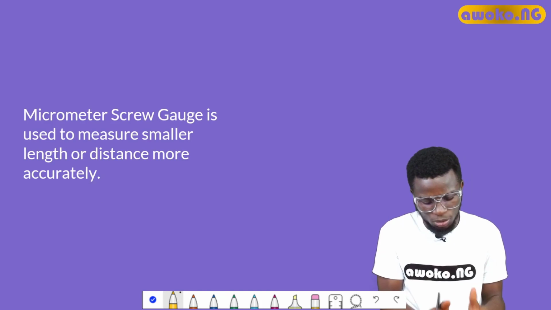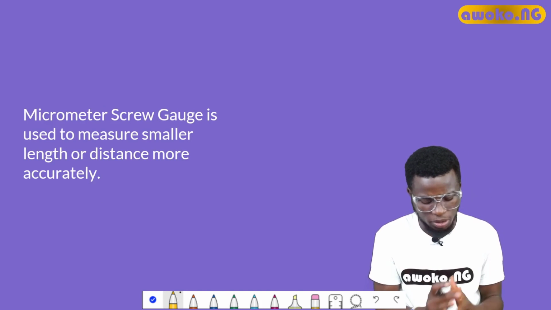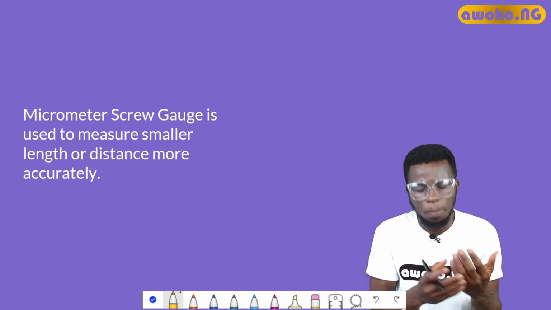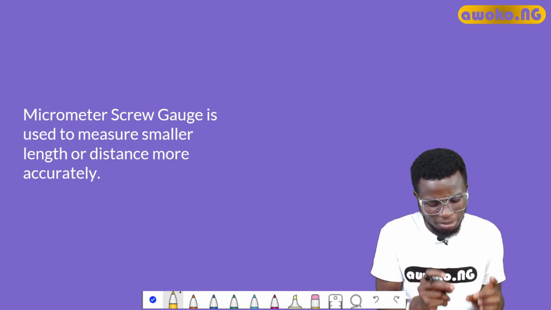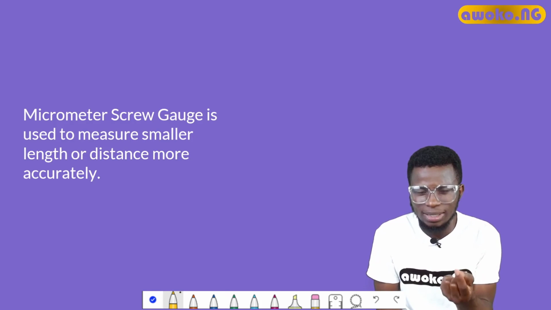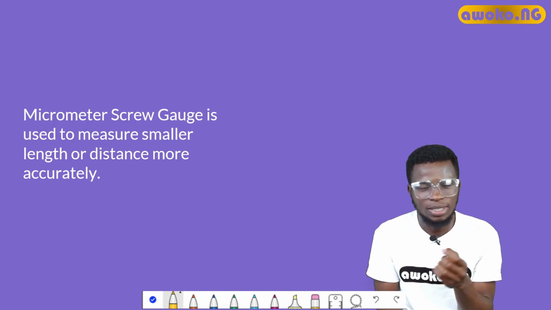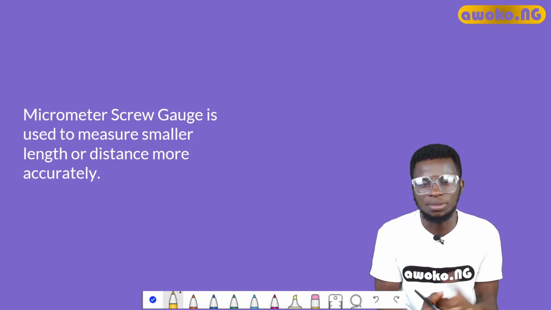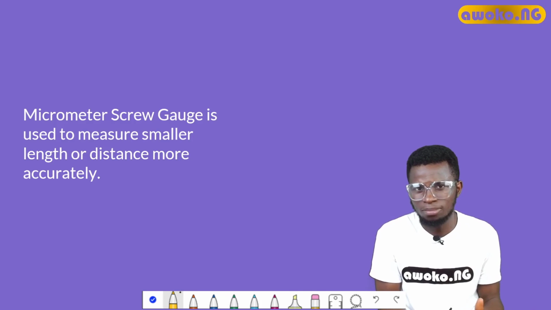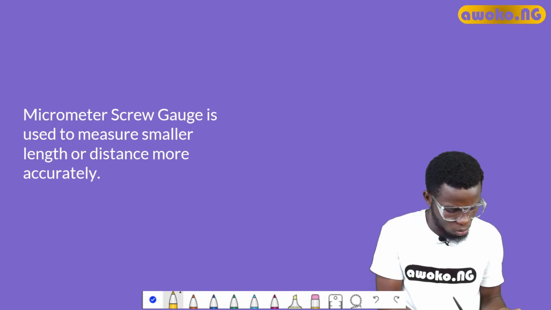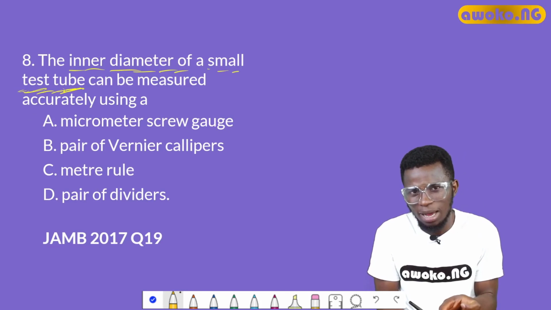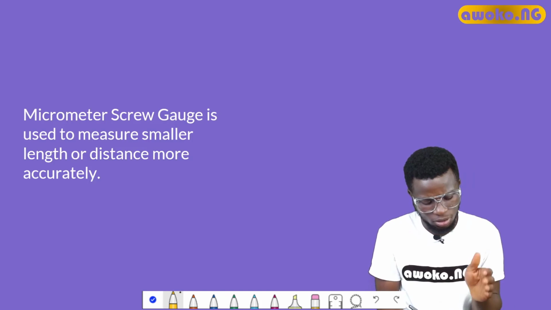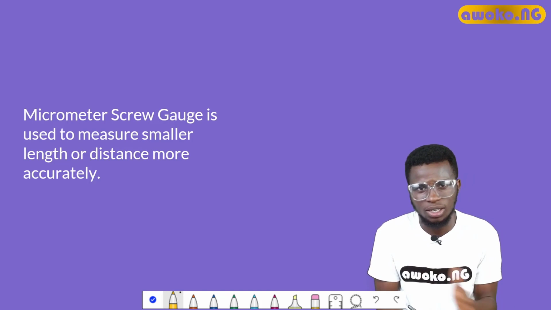This takes us to the description of what a micrometer screw gauge is. It is an apparatus used to measure small lengths or distances more accurately than its counterparts like the meter rule and the rest. But our question is the internal diameter, not small length. So of course, micrometer screw gauge is out of the way.